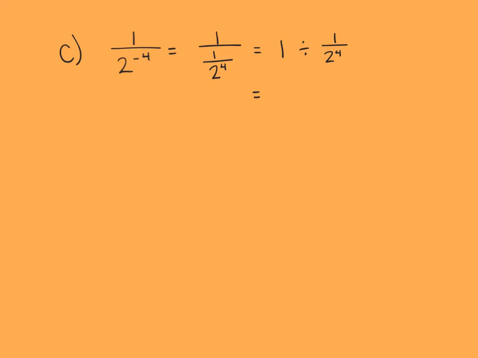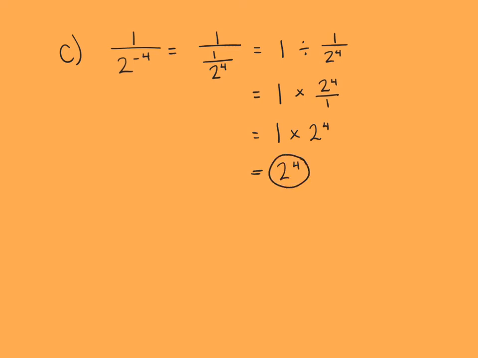Well, thinking back to dividing fractions, we're going to keep our first number, 1. Going to change divide to multiply, and then we flip our fraction, 2 to the 4th power over 1. And so this is just 1 times 2 to the 4th power. And that's 2 to the 4th power.